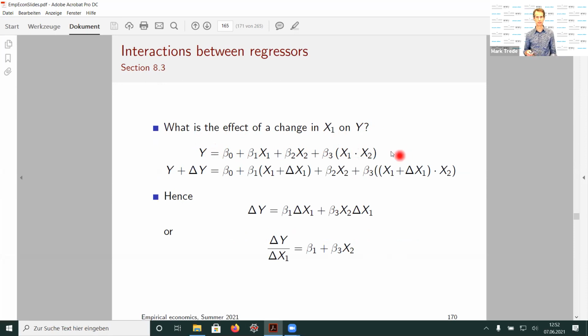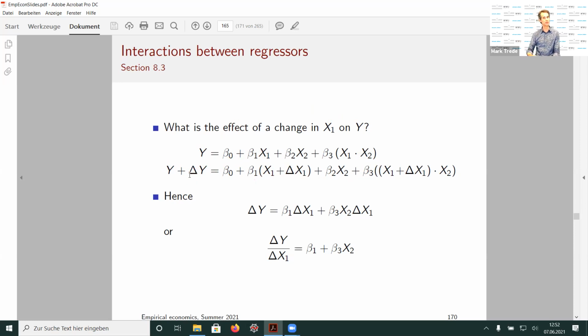We drop the error term to make it easier to read. Then what happens after the change in x1, keeping x2 constant? Well, x1 is changed to x1 plus delta x1. That happens here and here. And on the left-hand side, that has an effect on y, because y changes to y plus delta y.